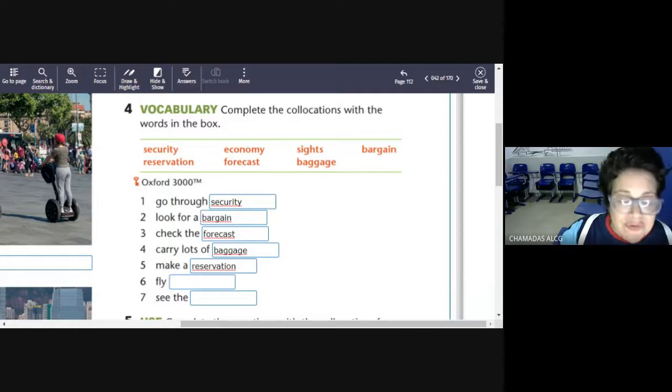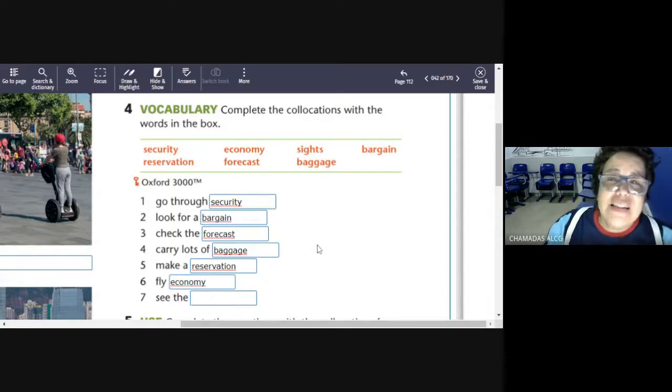We say flying economy. Economy is the area inside the airplane where the tickets are cheaper.